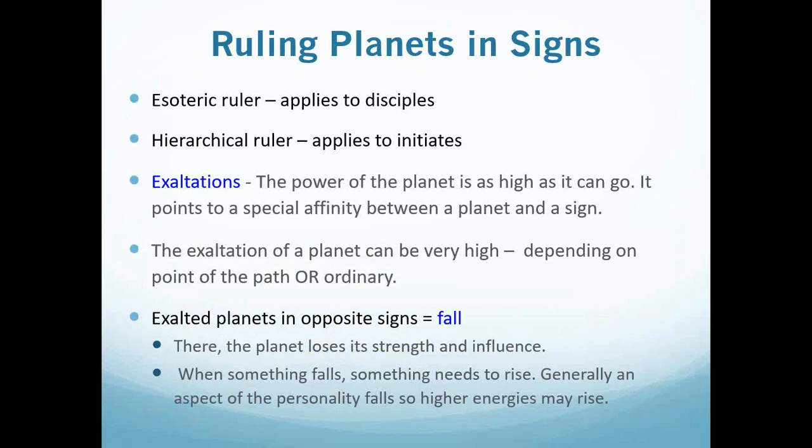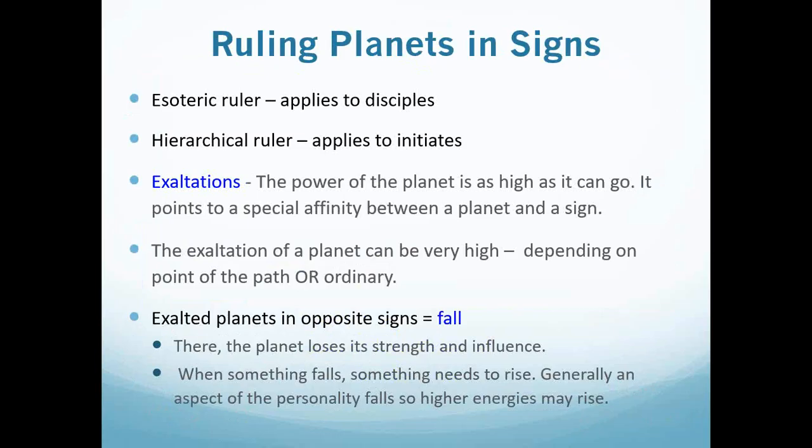I am one of these very lucky people whose whole chart is almost everything either in detriment or in fall. I've had to spend so much time figuring out what is the point of all of this? What does it mean for me? It requires contemplation, thinking about it, making it work in the life.